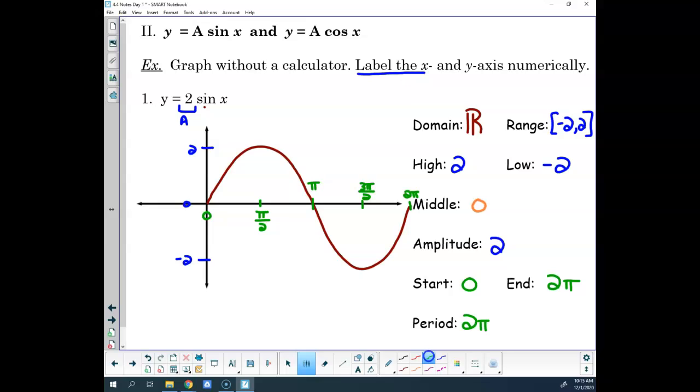Those 8 labels are required on all of your graphs. Okay? Those 8 on all of your graphs. And that's what we need to have then. That would be our final product. Okay?